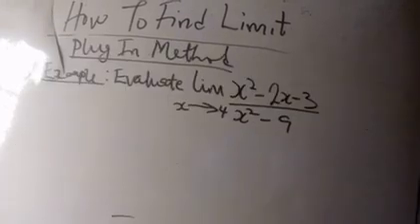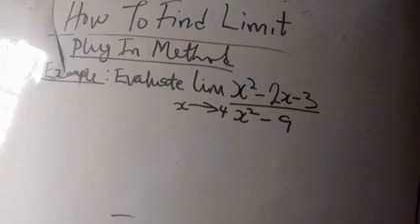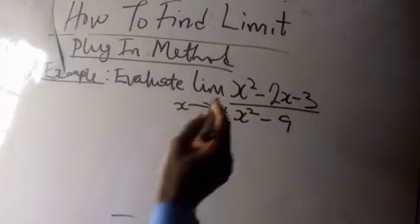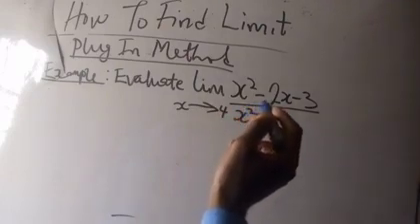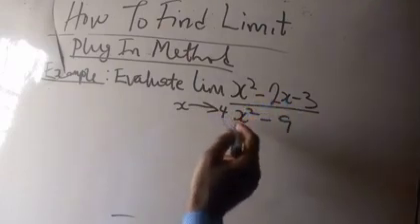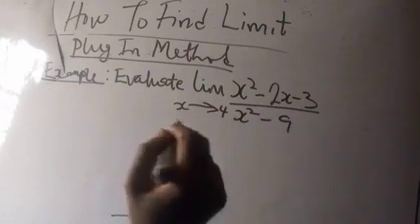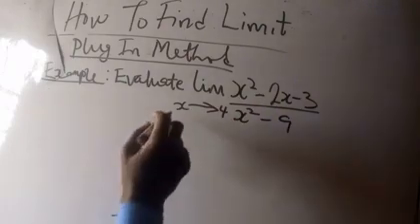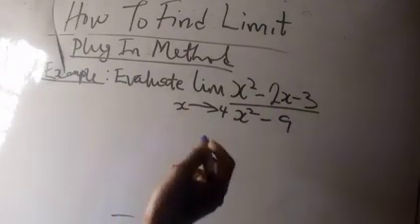Let's get along. Let us look at the first method, the plug-in method. We have an example. Evaluate the limit of x squared minus 2x minus 3 divided by x squared minus 9 as x approaches 4.